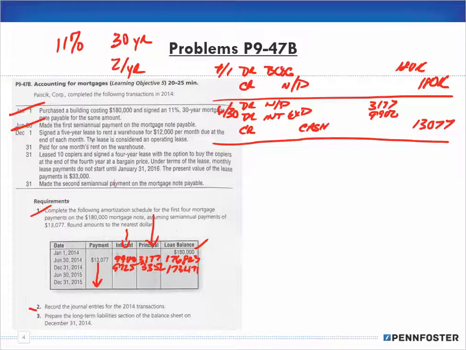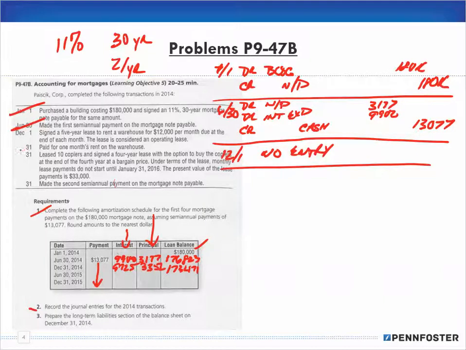But we haven't collected money, we haven't done anything else. It's only a signing of the document to enter into a contract, but no transaction has occurred. So for December 1st, no entry.